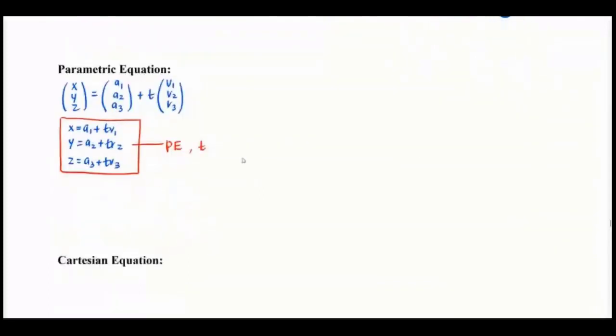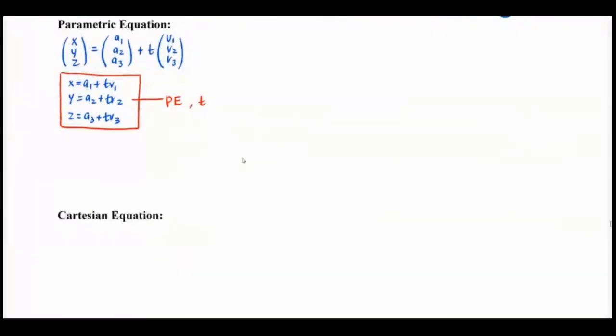So macam mana nak dapat Cartesian? So from X equal to A1 plus TV1, kita akan jadikan T sebagai subjek. So we're gonna have X minus A1 equal to TV1. So T equal to X minus A1 over V1. Okay, that one for the I. For the J, where we have it Y equal to A2 plus TV2.